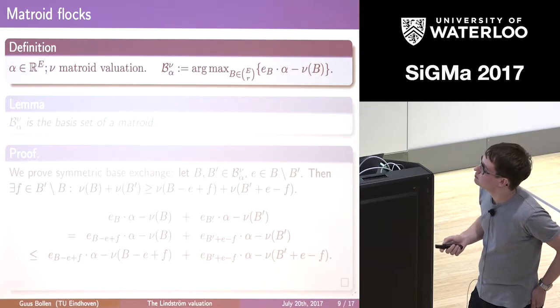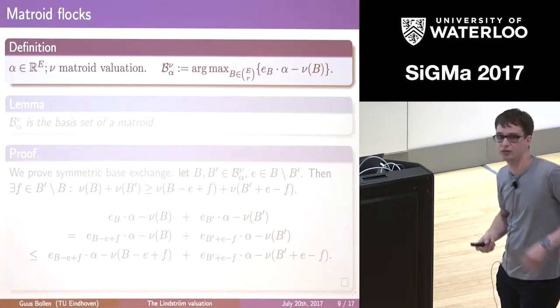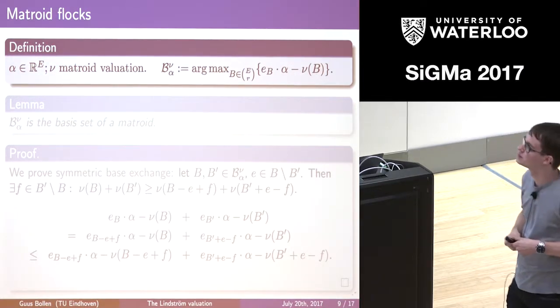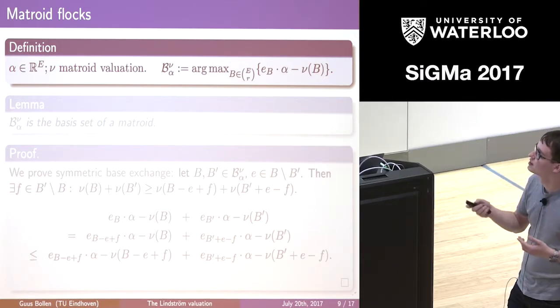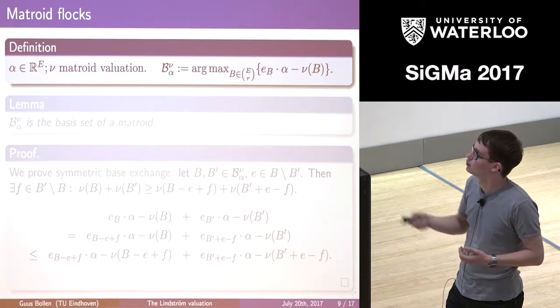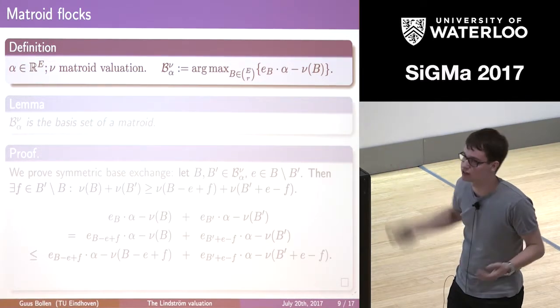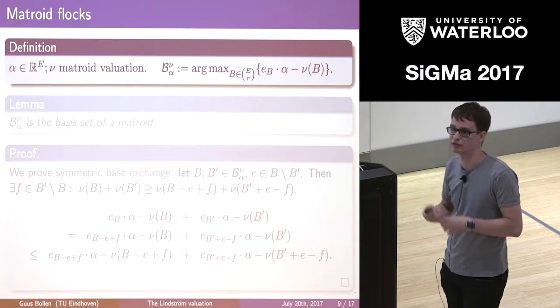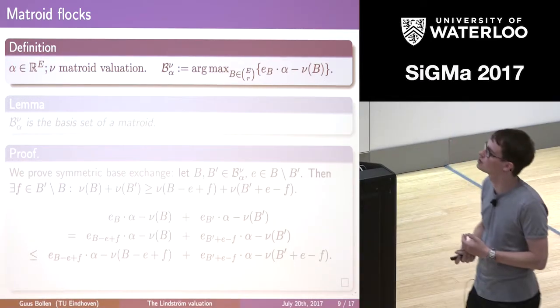Okay. And if we have a matroid valuation, we can create basis sets for each real vector, but we are in fact only interested in the integer vectors if we are going to generalize it to matroid flocks.